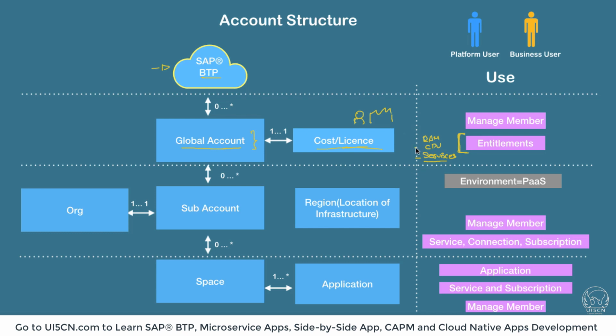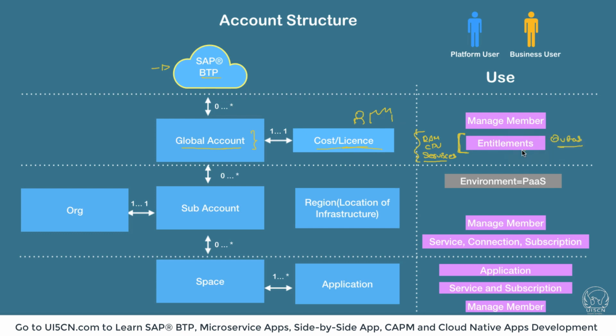And what kind of services are provided to you? SAP BAS, which is used by developers for doing any kind of development, or the ABAP environment. So these are provided to you as a service, and all these entitlements are basically provided to you at the global account level, and they are also referred to as quotas.